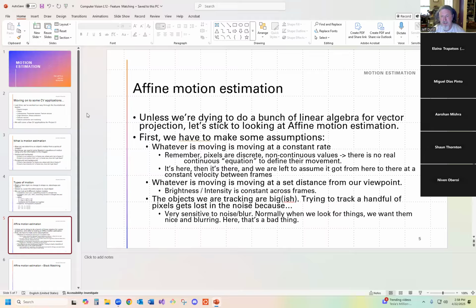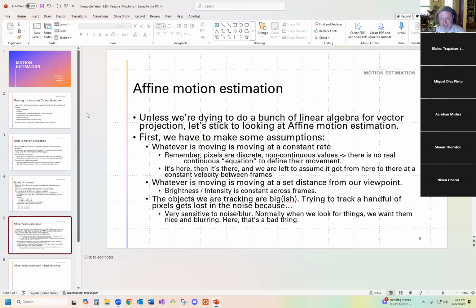A pixel is a single, discrete, finite piece of information in space. And its neighboring pixel is its own fully discrete and finite piece of information, and nothing really exists between them. There's no continuous transfer from one pixel to the next, right? They just sit there and exist as their own themselves.